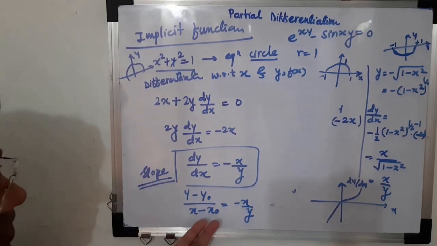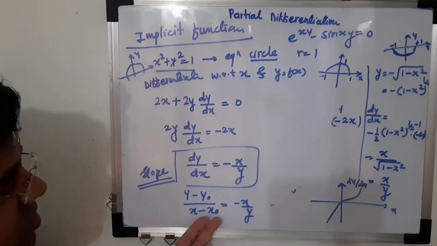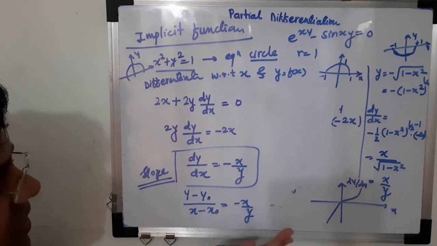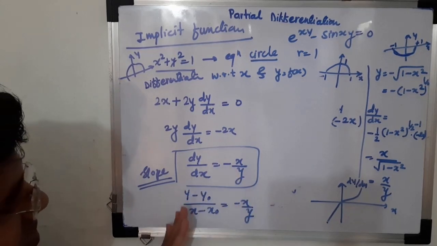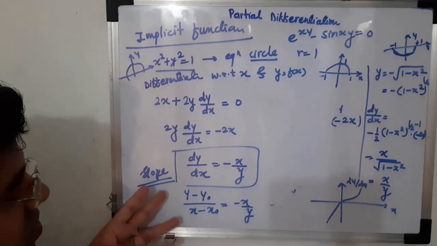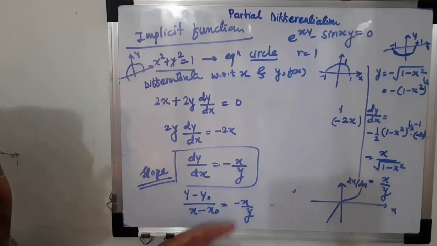And suppose you are given any point, say the origin point. In that case, when you solve, you will get the line equation. That thing you can easily find out. So here you can find the equation of your tangent line.